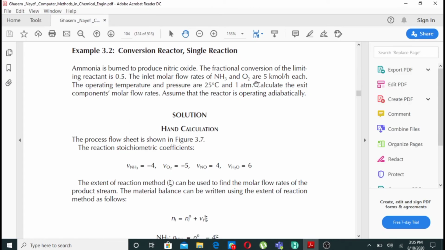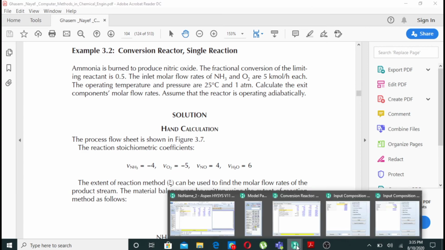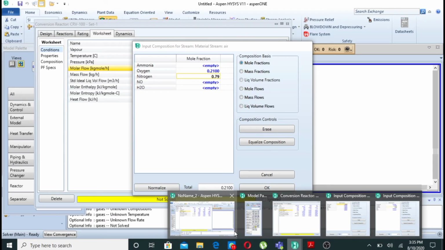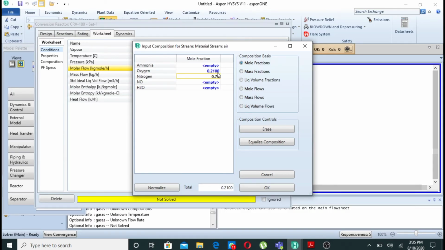There it is written that pure O2 oxygen is given to us. So I am not going to add air, because here air is not given to us, oxygen is given to us. So I will change it to 0 for nitrogen, because we are not using air over here, and 1 for oxygen.